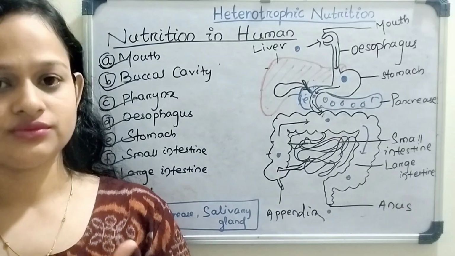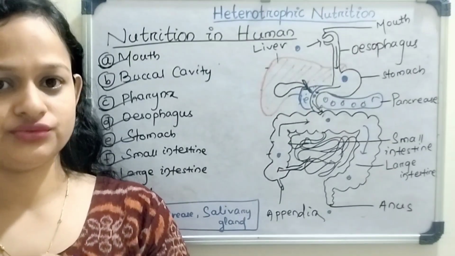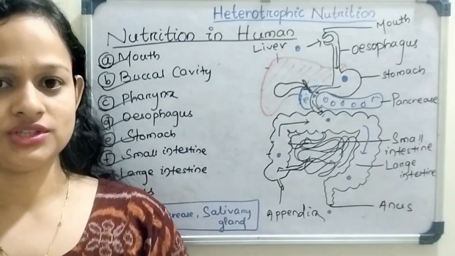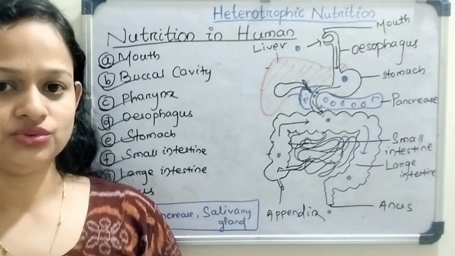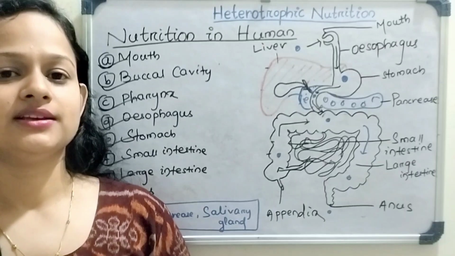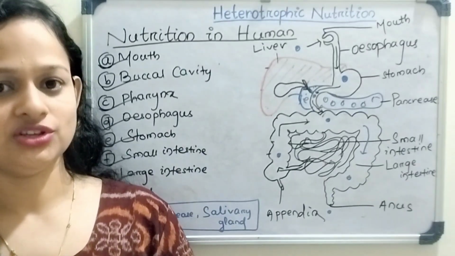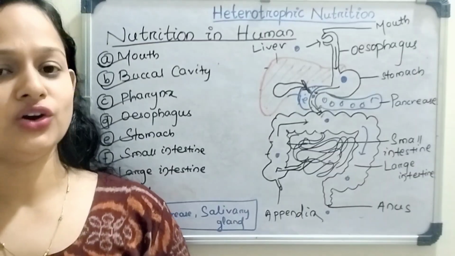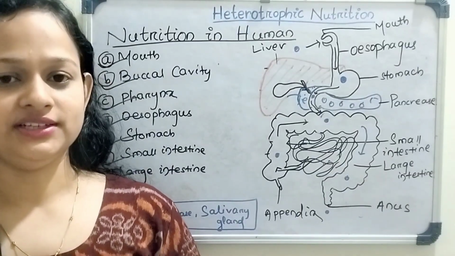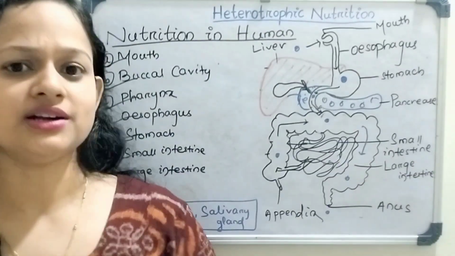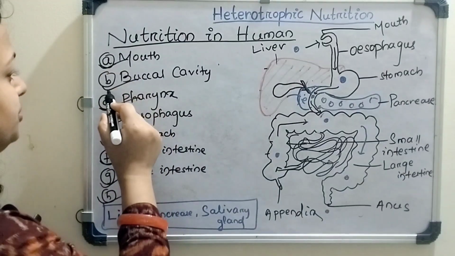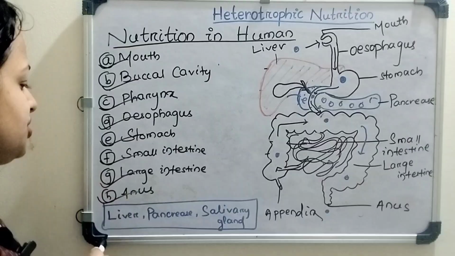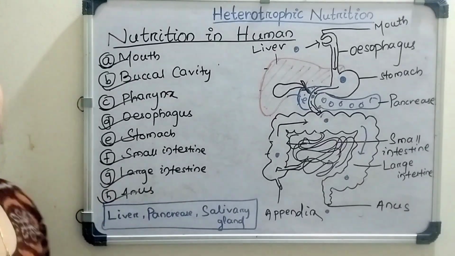The process of digestion in human beings needs a specialized structure, that is the alimentary canal. The alimentary canal is a long tube and it has different parts. They are mouth, buccal cavity, pharynx, esophagus, stomach, small intestine, large intestine and anus.